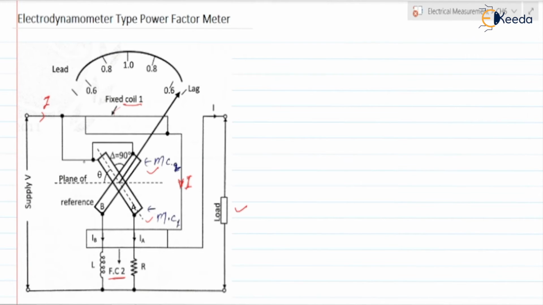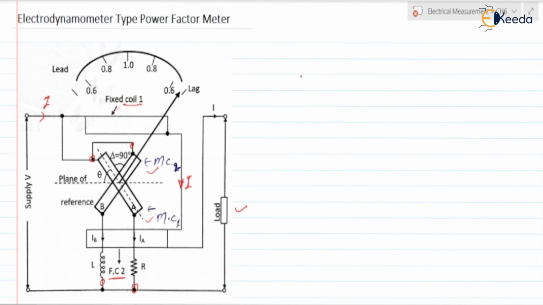The voltage across MC1 is the voltage between this point and this point, which is like the supply voltage. The voltage across the second moving coil is the potential difference between this point and this point, which again is V.